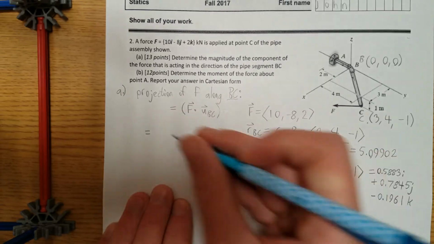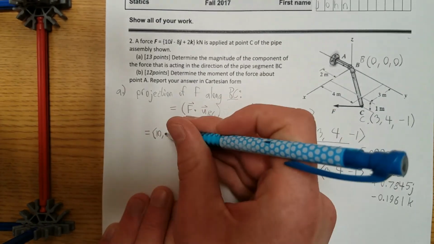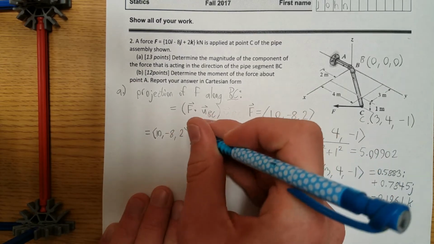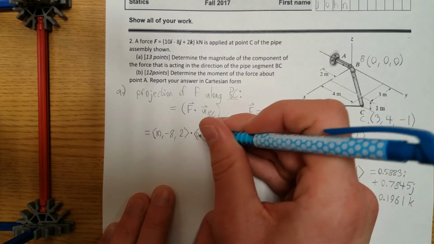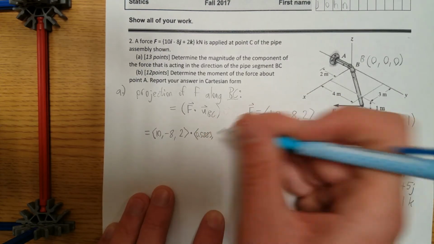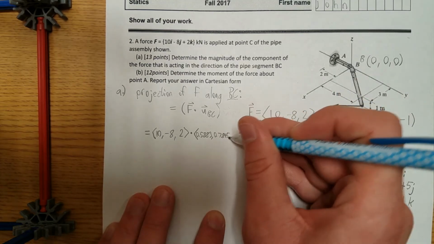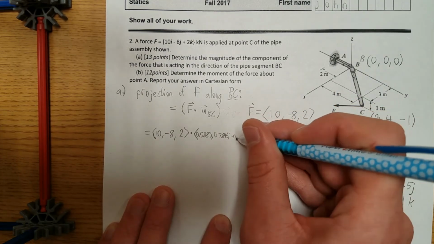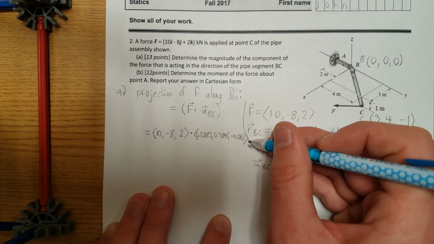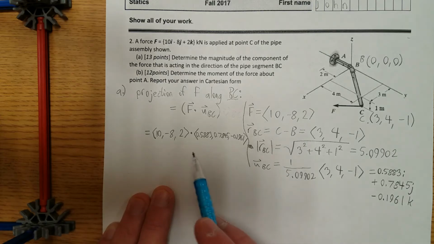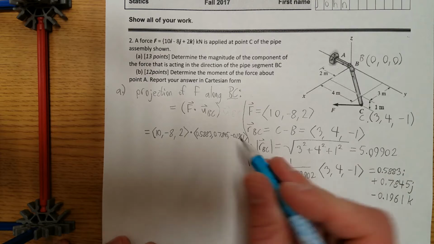We're going to take our force, which we're given as 10, negative 8, 2, and dot that with our unit vector, 0.5883, 0.7845, and negative 0.1961. And draw a line just to make sure we keep those separate. So we're going to take the dot of these. Hopefully you know how to do a dot product, but I'm going to show all my work here.